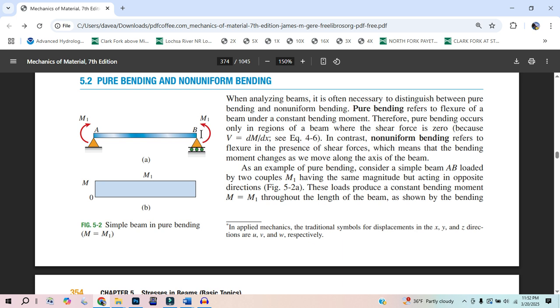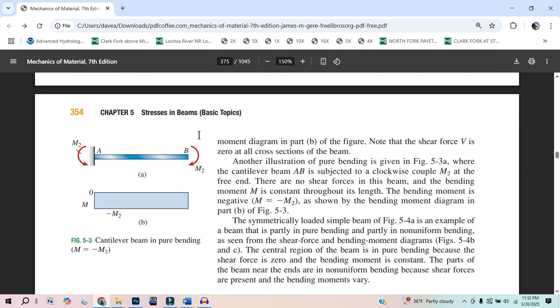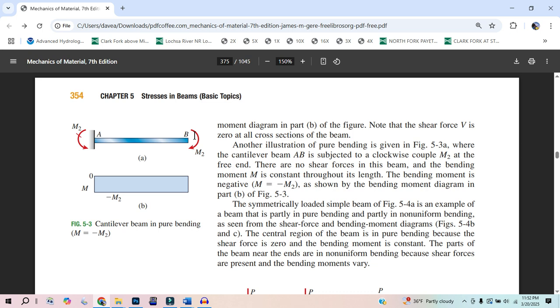Or you could just have a force separated by a distance. But when we have a pure moment like this, drawn with this arrow, we are indicating a couple, where we have two opposing forces, equal in magnitude, opposite in direction, separated by a distance. All right, so here is the applied load.